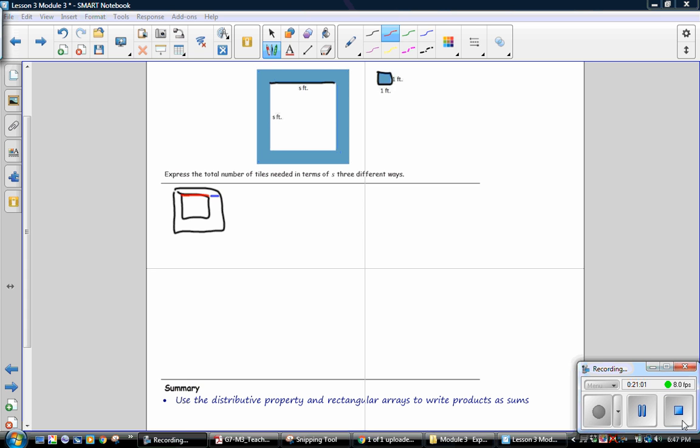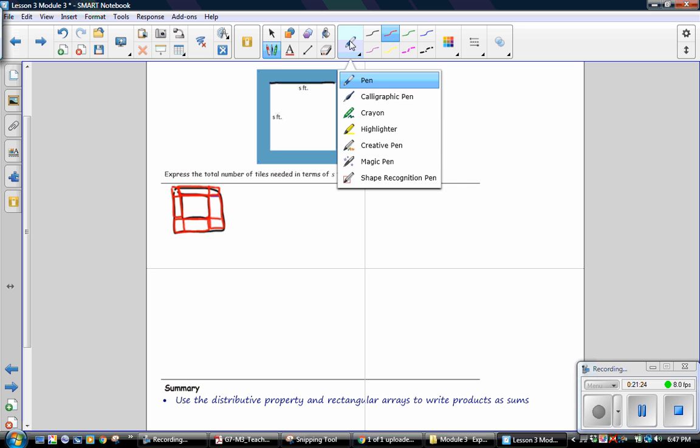The first way that we'll divide up the fountain will look like this. This will represent s plus 1, and this will represent s plus 1, and this will represent s plus 1. And finally, this is representing s plus 1. So I'll color one of those in so that we can see it a little bit better.